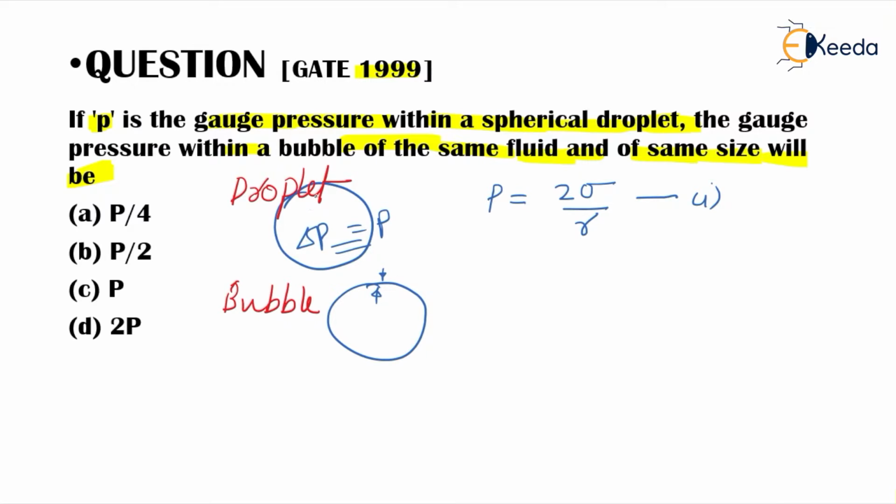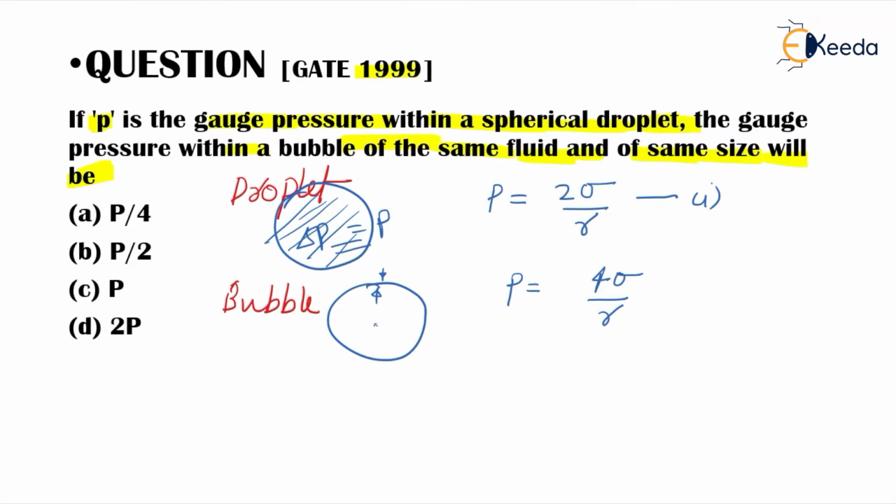In this liquid droplet, the complete droplet is filled with liquid only. But here inside there will be some gas or air, and outside also there will be some gas or air, and there will be the liquid in between. So for this, the P value, if it is to be counted on both sides, will be 4 sigma by R. This will be the value for this bubble.